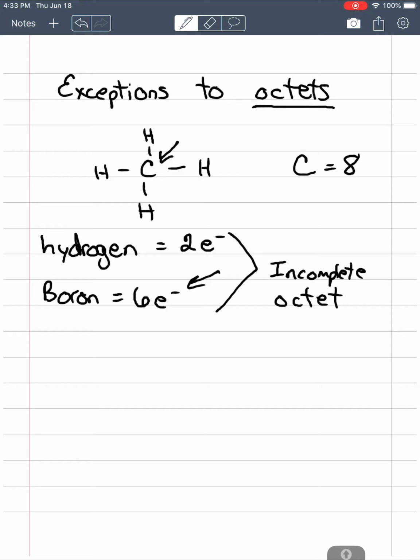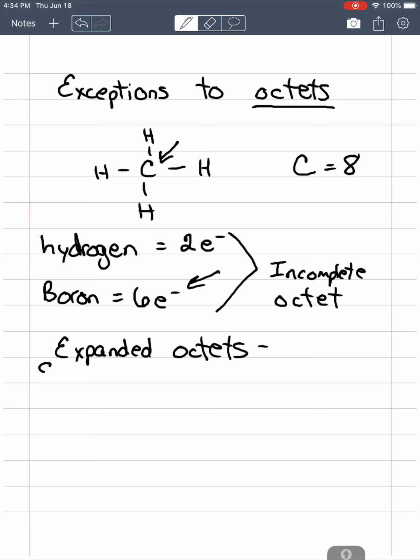Then we also have expanded octets. The elements that can have expanded octets don't always have expanded octets. They sometimes have expanded octets.